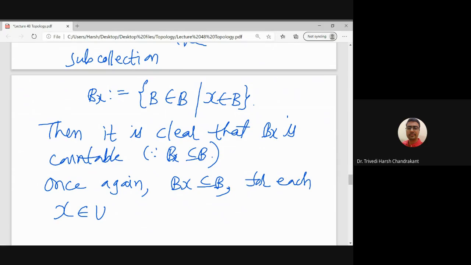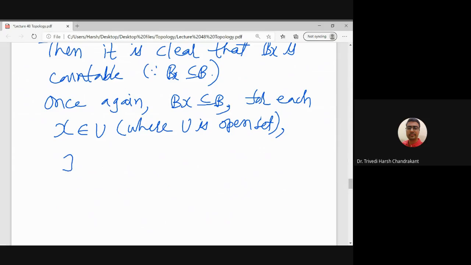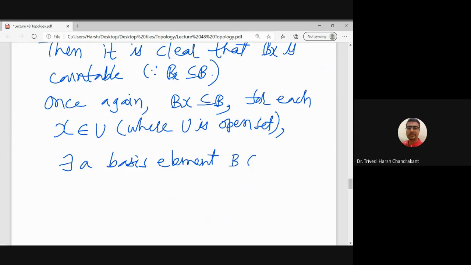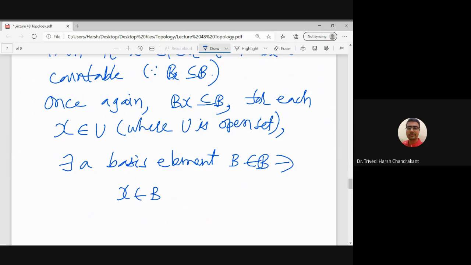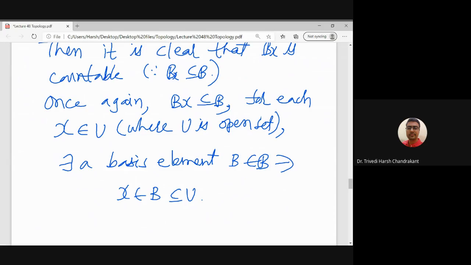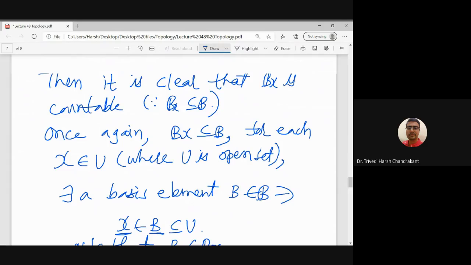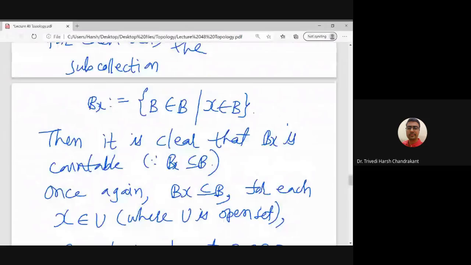For any open set U, we know that there exists a basis element B belonging to B such that x belongs to B contained in U. Note that this B is also an element of Bx, because this B contains x, and every basis element which contains x is already in Bx. That is basically the definition of Bx.